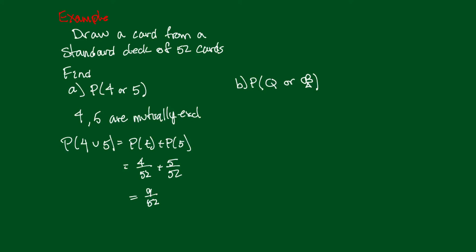Now, the probability of getting a queen or a club. These are not mutually exclusive, because there is a queen of clubs.